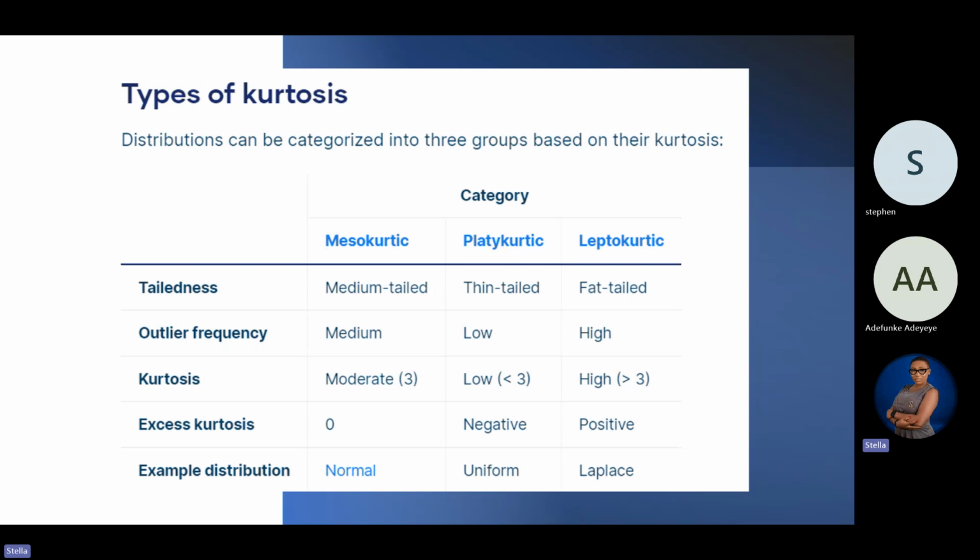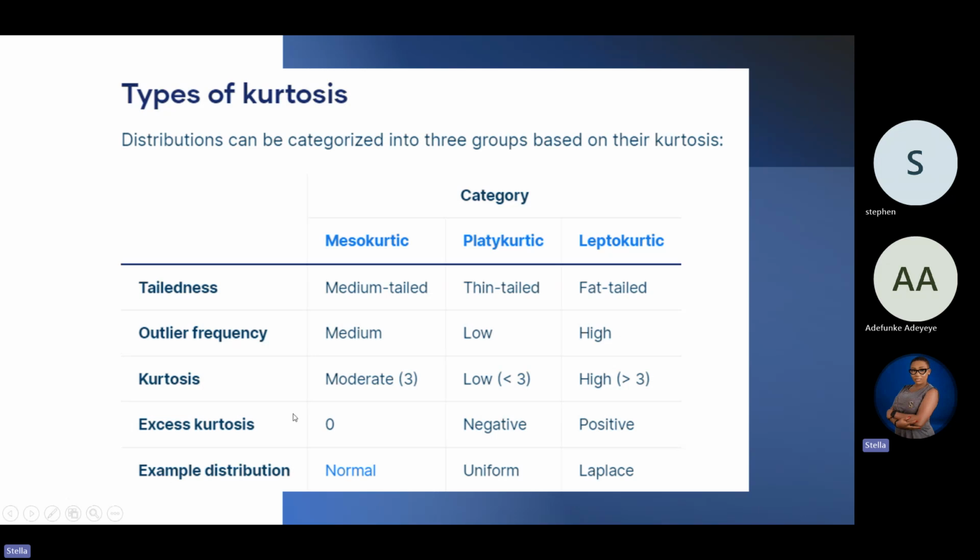It means that the tails are thin and it does not have so many outliers. But a kurtosis score higher than 3 is high, and it is fat-tailed, it is leptokurtic, and it means that it has plenty of outliers.